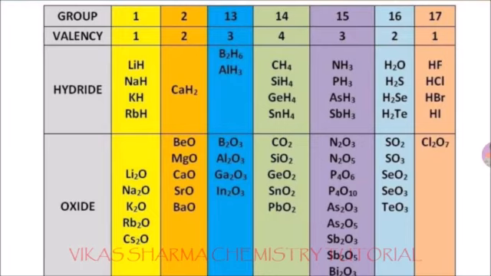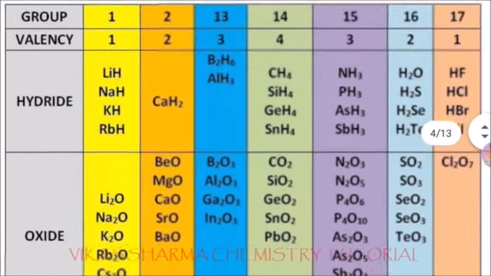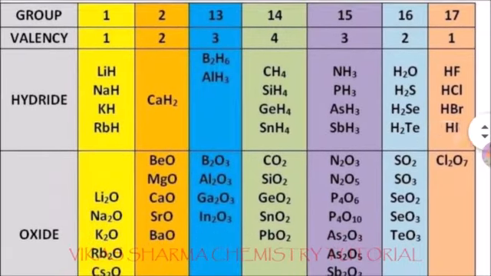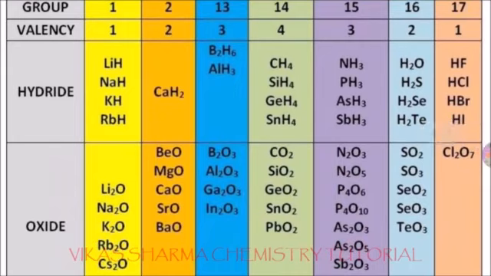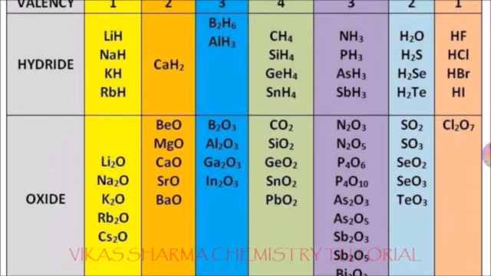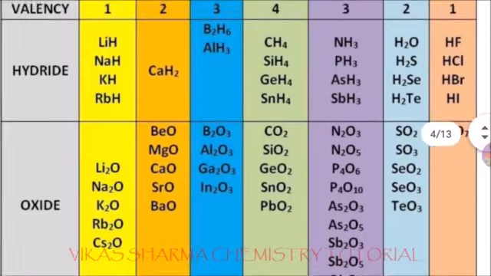Another is group 2: the hydrides are BeH2, MgH2 and CaH2, and the oxides have the same formula: BeO, MgO, CaO, SrO, BaO. In the case of group 13, boron forms B2H6 type of hydride and aluminium forms AlH3, and the formula of oxides is the same: B2O3, Al2O3, Ga2O3 and In2O3, indium oxide.